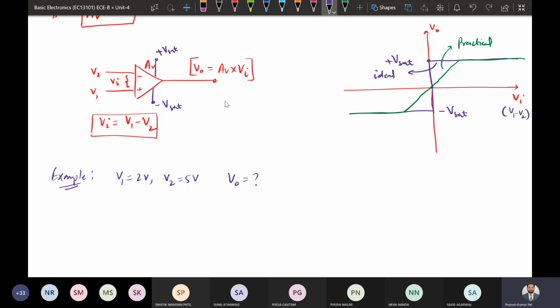Yes, anyone? By using this input output transfer curve, you can identify what the output will be if V1 is 2 volt and V2 is equal to 5 volt.